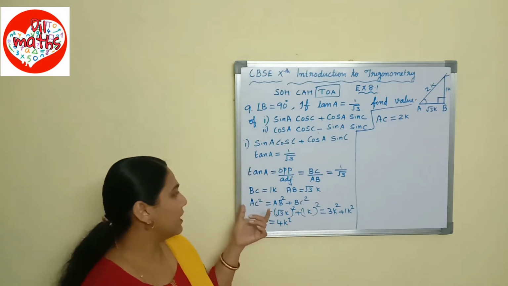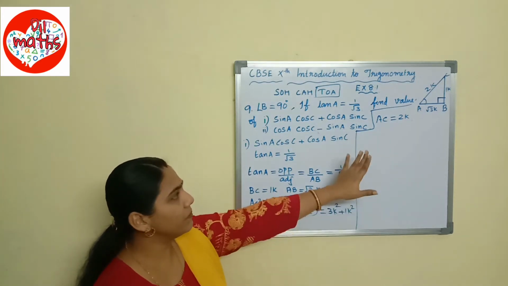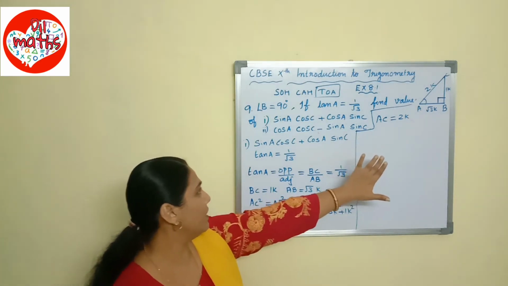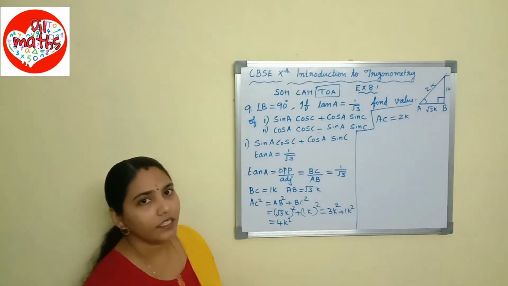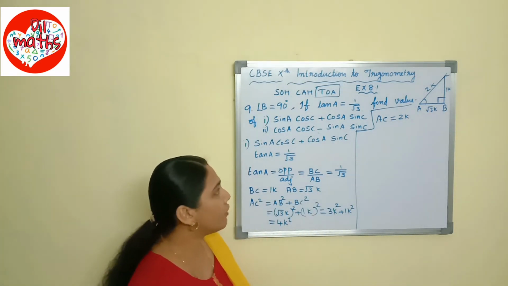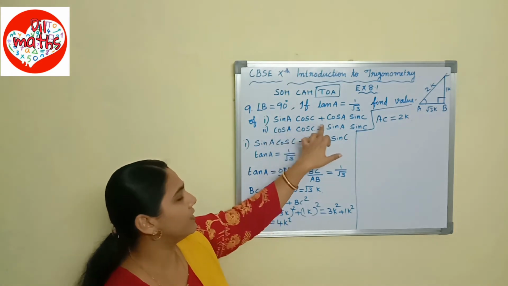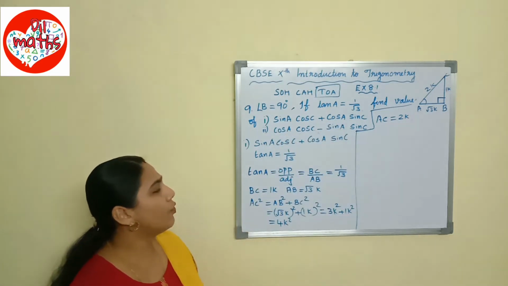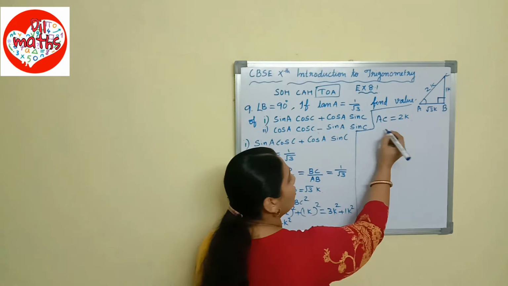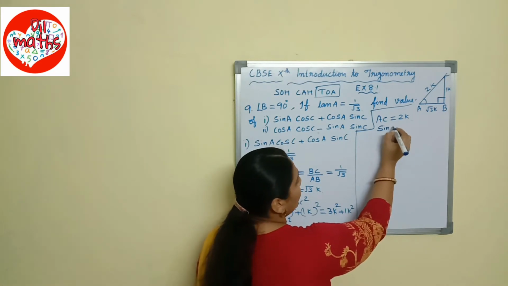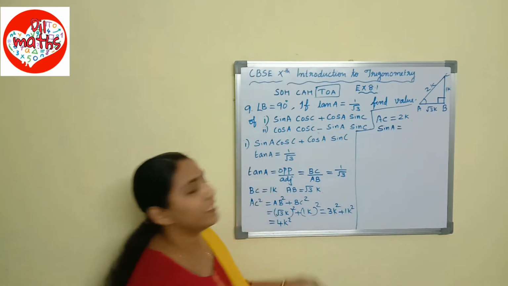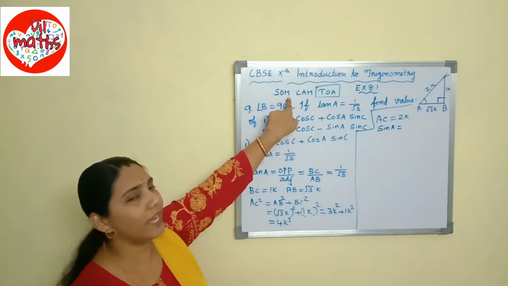So we got AC, AB and BC. Okay. Now what should we find out? We should find out sin A, cos C, cos A, sin C. So what is sin A? First we will find out sin A. Sin is equal to opposite divided by hypotenuse, isn't it?